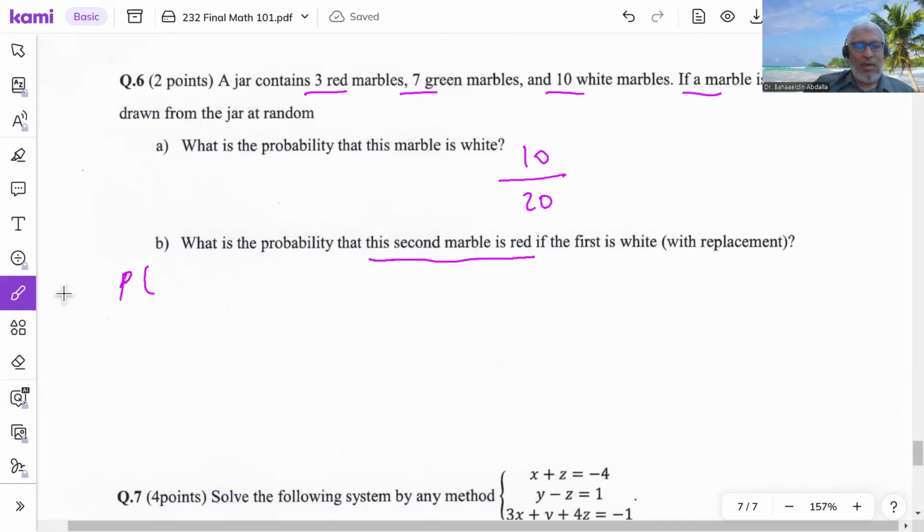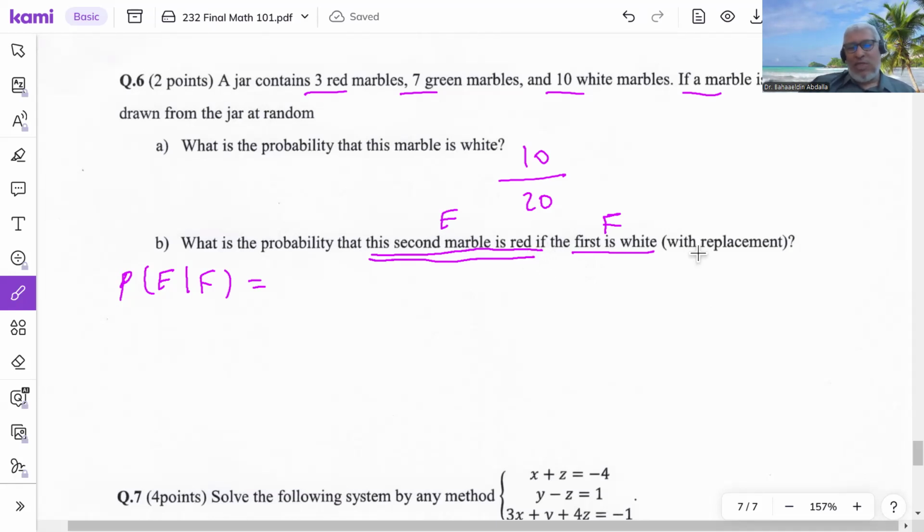The second marble is red, I can call it E. If the first is white, I can call it F. And he is asking about the probability of E given F. So he's not asking about the probability of the intersection here. This is conditional probability.